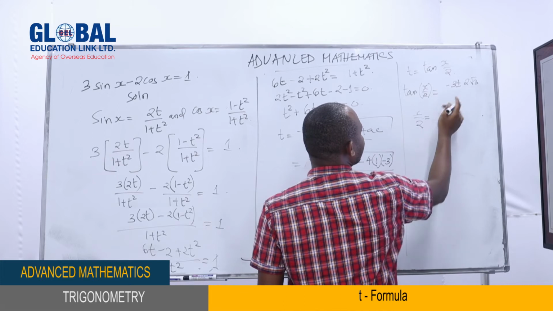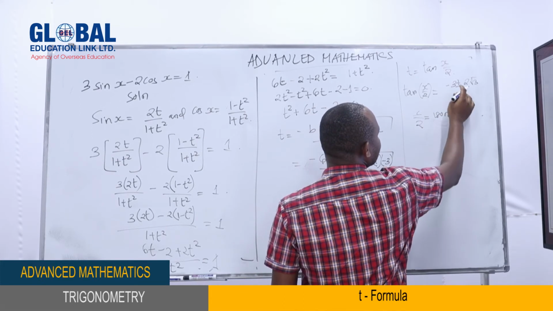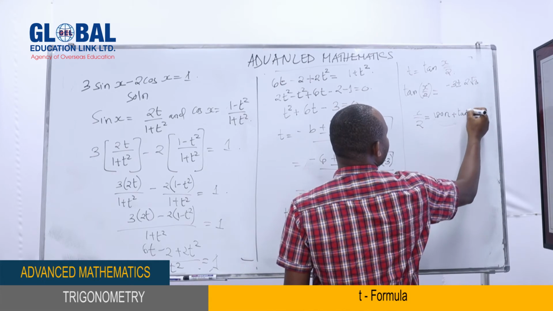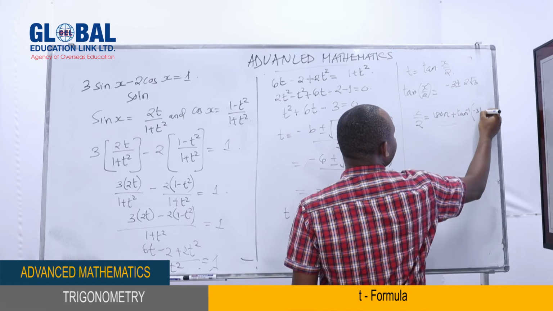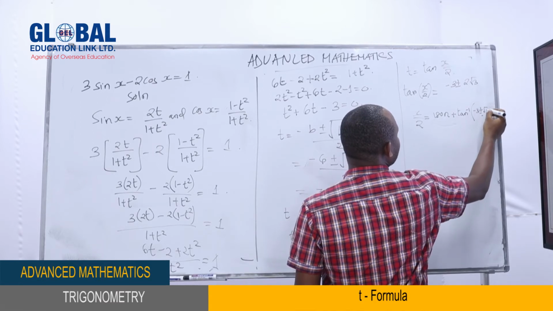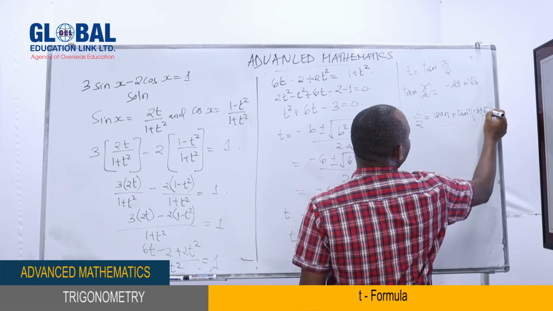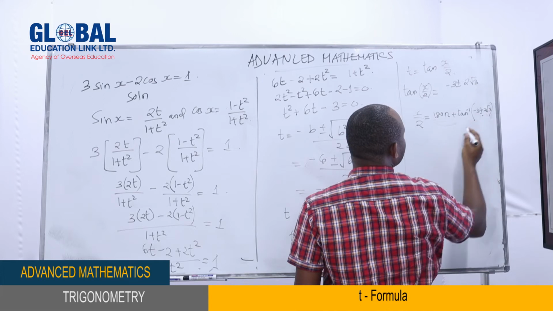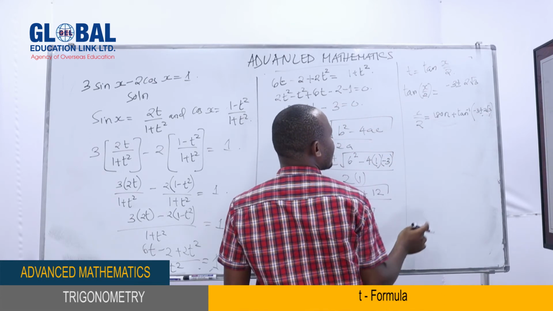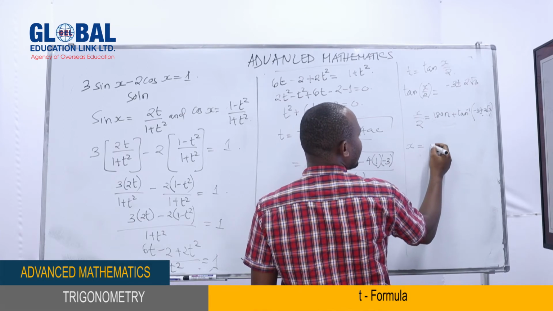It will be equal to 180n plus the tan inverse of the thing here, negative 3 plus or minus 2 square root of 3. Multiplying this to that side, that means we are going to have equals to what?